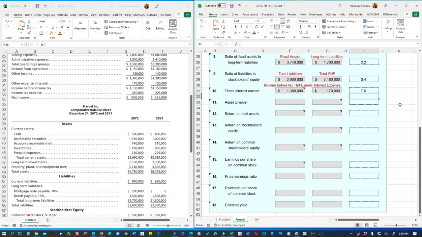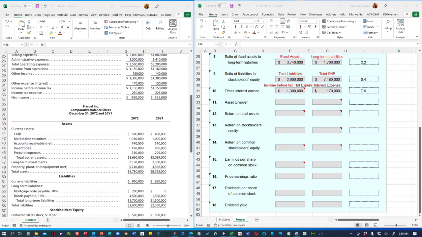Basically what we are looking at is the income available to pay interest. As I said to you, the rule of thumb is we like it to be around 14 or so. Now it's 7.6, so we are well below that threshold. Okay, so that is your times interest earned ratio.